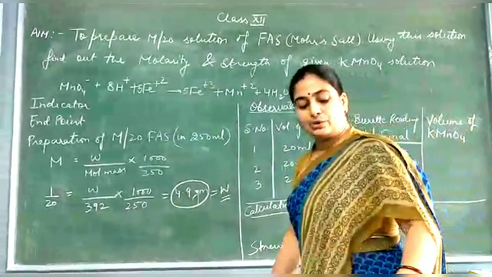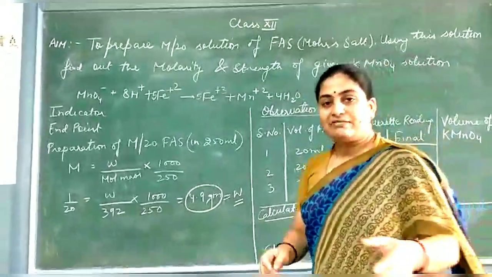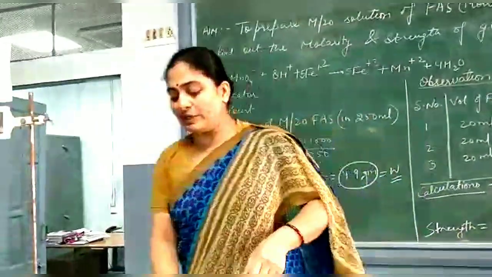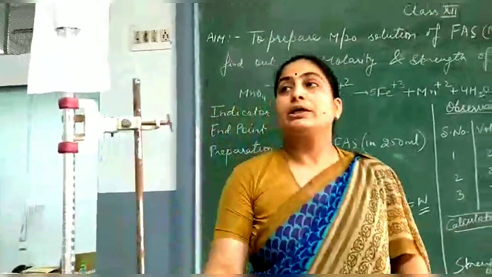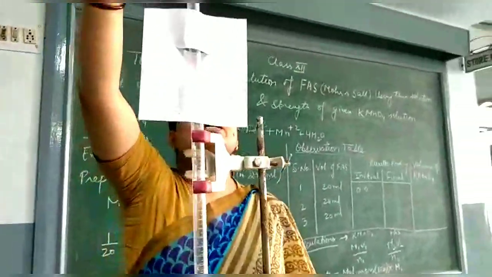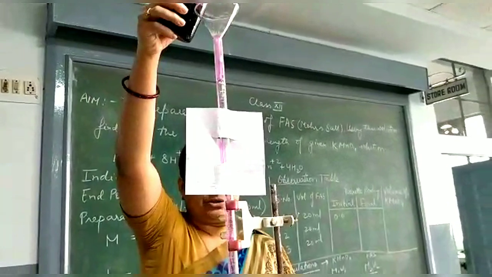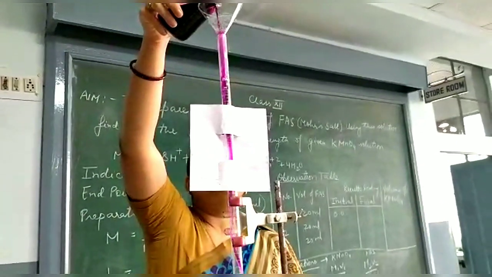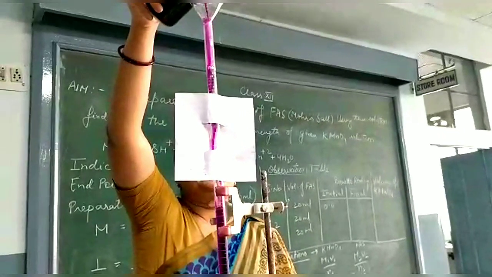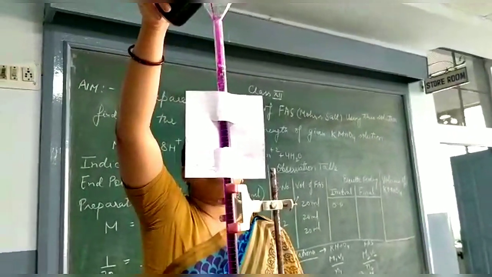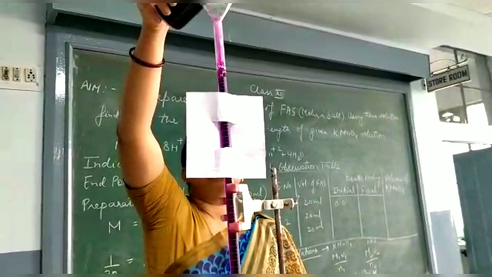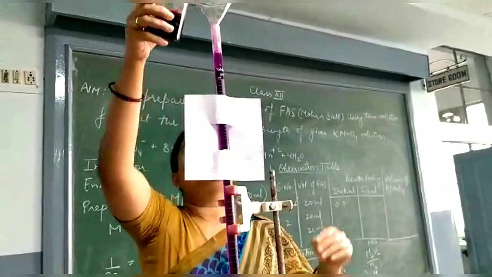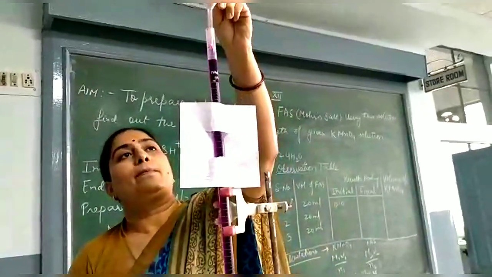So let's start with how to do this titration. The method is exactly the same as you have been doing in class 11th for the neutralization titration; it is only the solution that changes. So this is the burette, and I am filling this potassium permanganate KMnO4 solution in the burette with the help of a funnel.